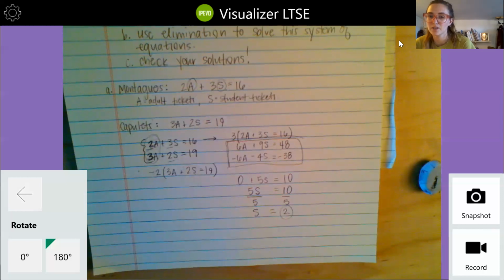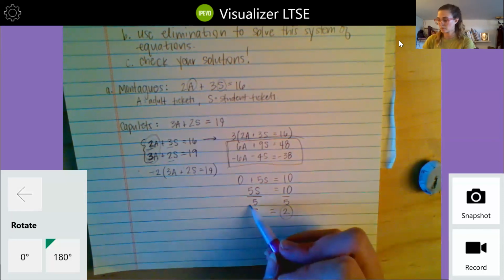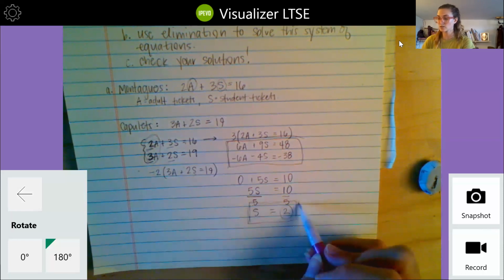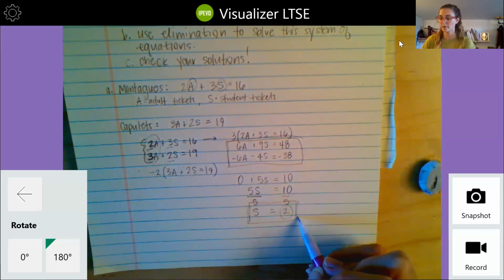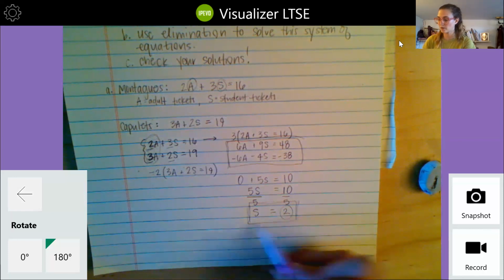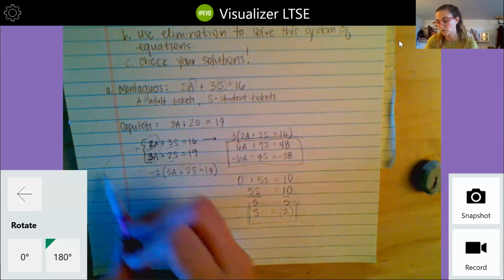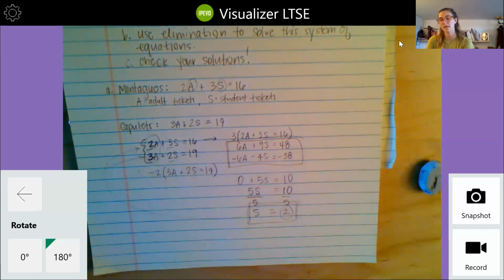Take a moment, pause the video, think about what our next step is going to be. So we're going to take this solution to one of our variables, and now we're going to plug it back in to one of our original equations. We can plug it into either one. And then we're going to solve for the other.